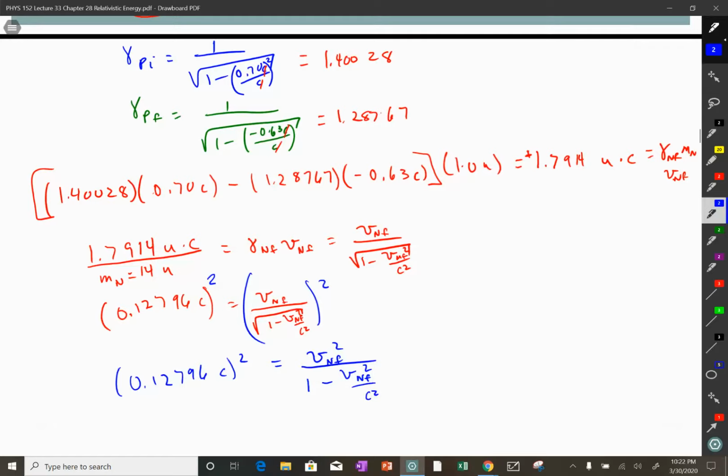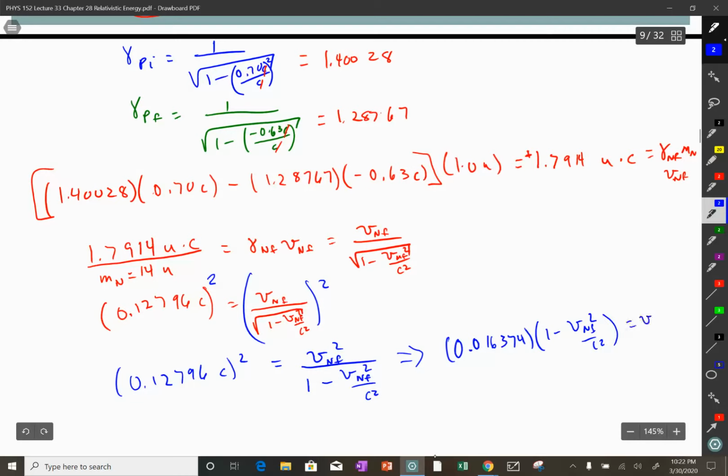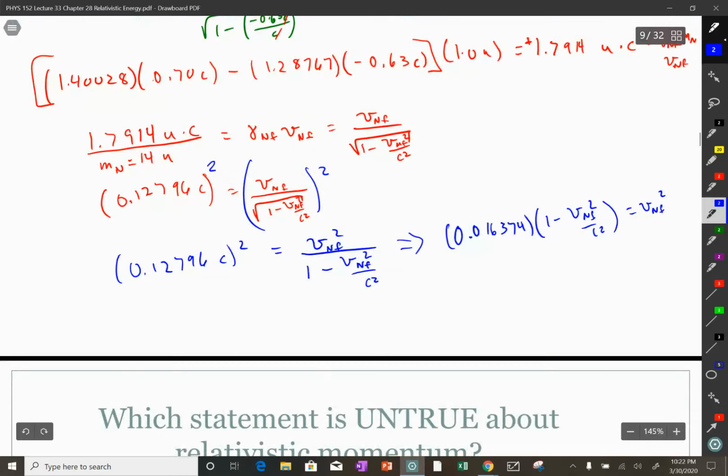And there's two ways to skin this cat. I'm going to do it the most obvious way. 0.12796, or whatever that is, if you square that, that's just equal to 0.016374. So I have that equation.